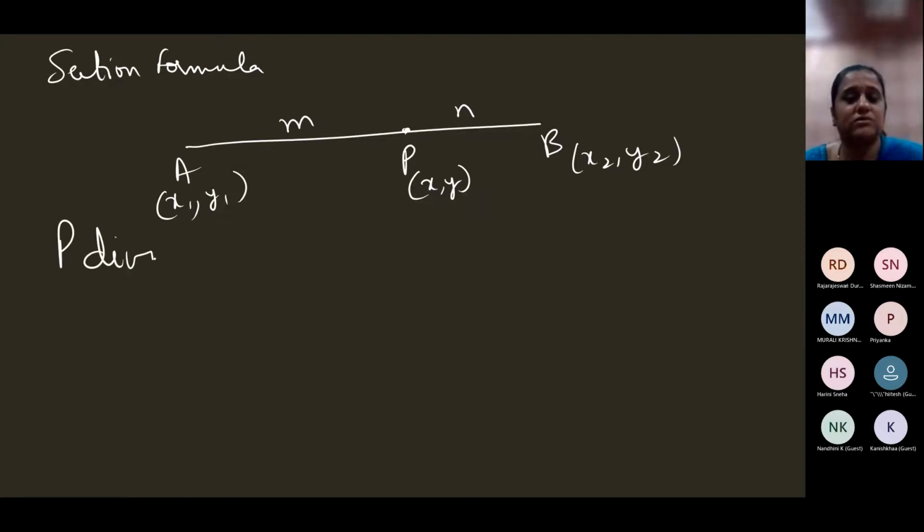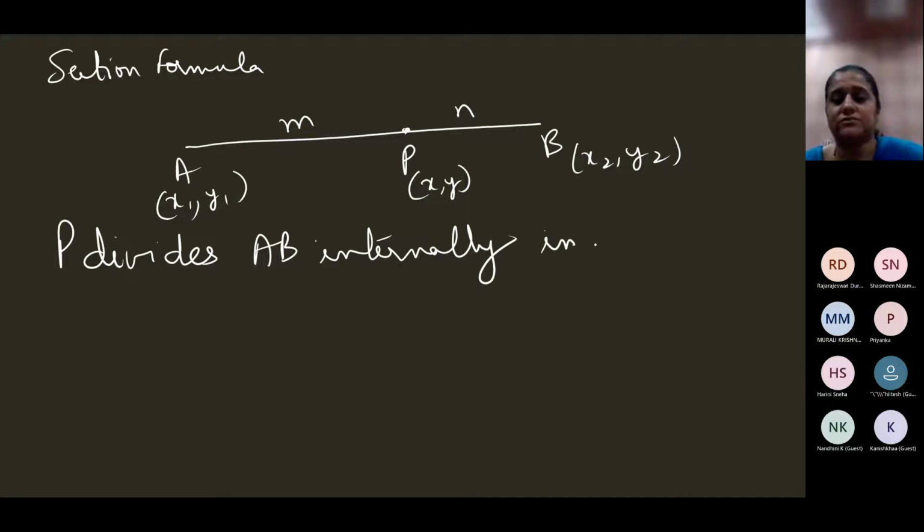P divides AB internally in the ratio M is to N.